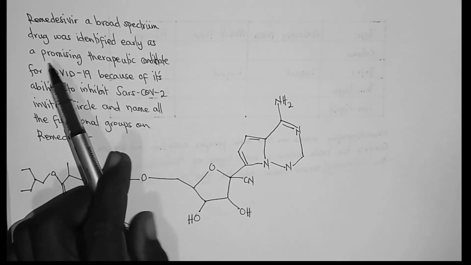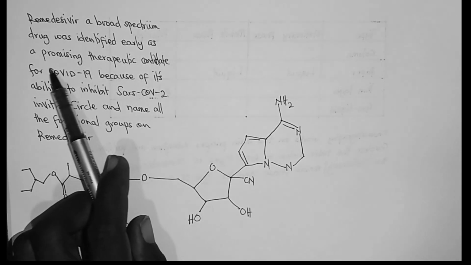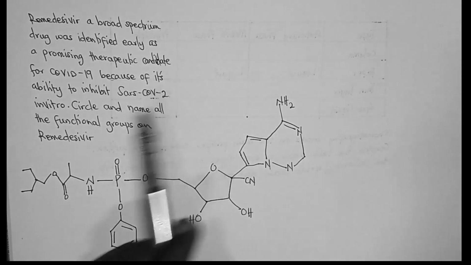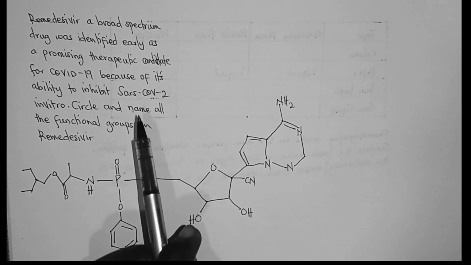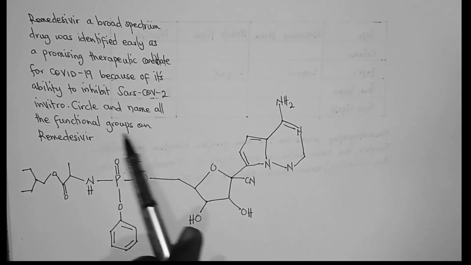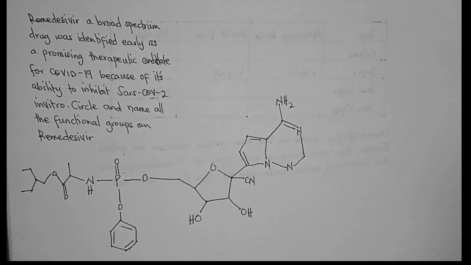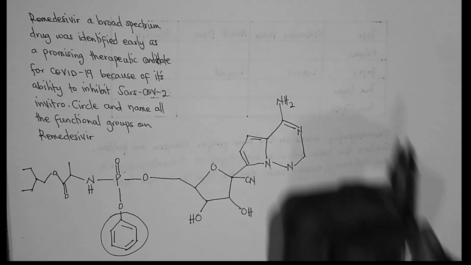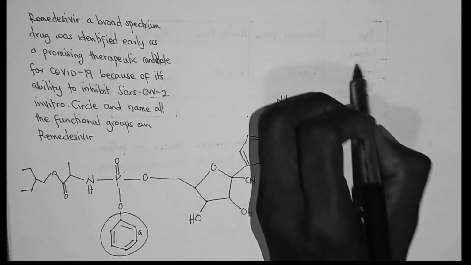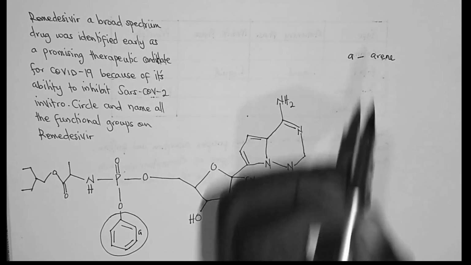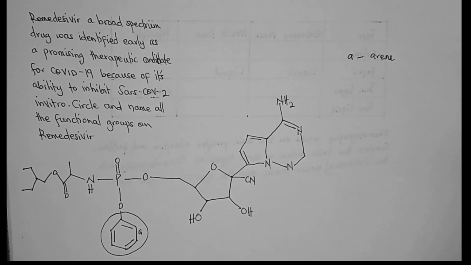Remdesivir, a broad spectrum drug, was identified earlier as a promising therapeutic candidate for COVID-19 because of its ability to inhibit SARS-CoV-2 in vitro. Circle and name all the functional groups on remdesivir. The first functional group is this functional group. And this functional group, let's label it as A. A is the arenes, very easy to identify.